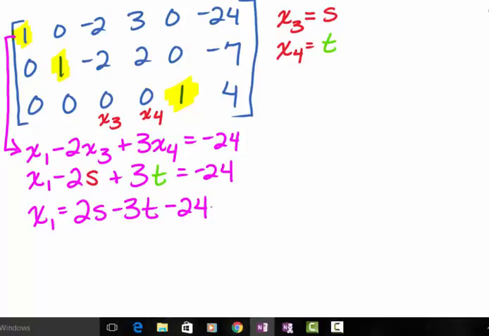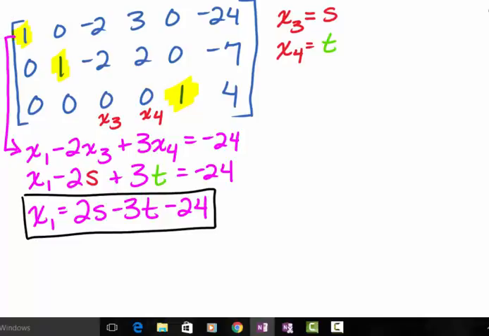And now I know what x sub 1 is. You give me S and T, the values for x sub 3 and x sub 4, I can now tell you what x sub 1 has to be. Okay, so let's keep track of that guy. That's the value for x sub 1, which comes from the first row, right?